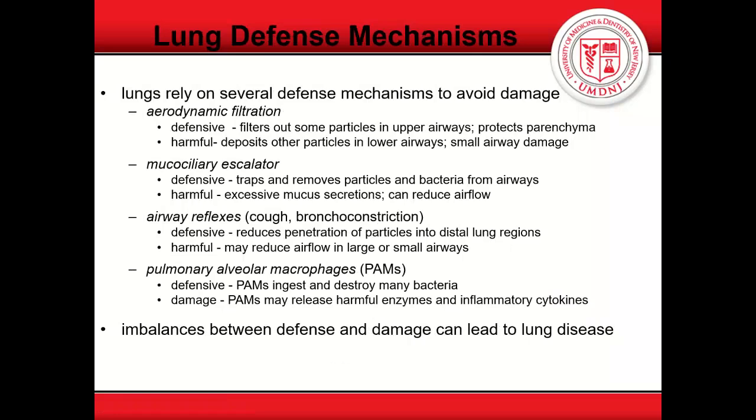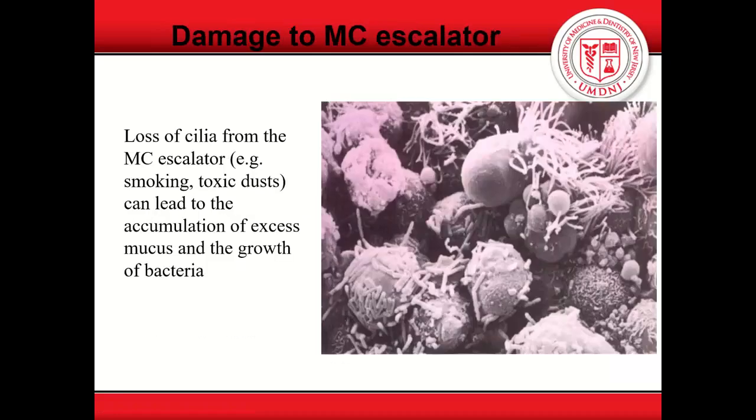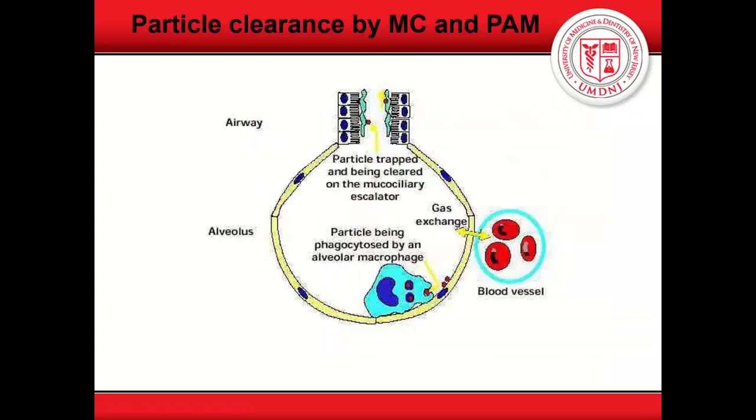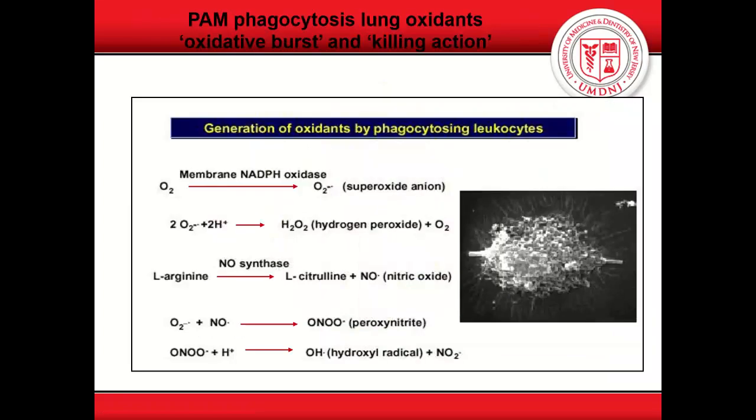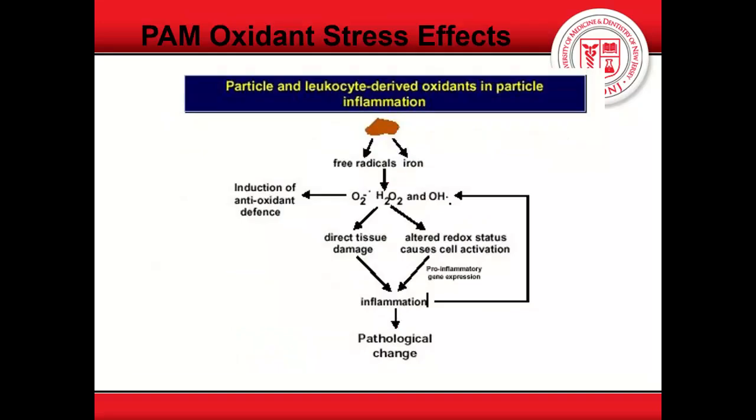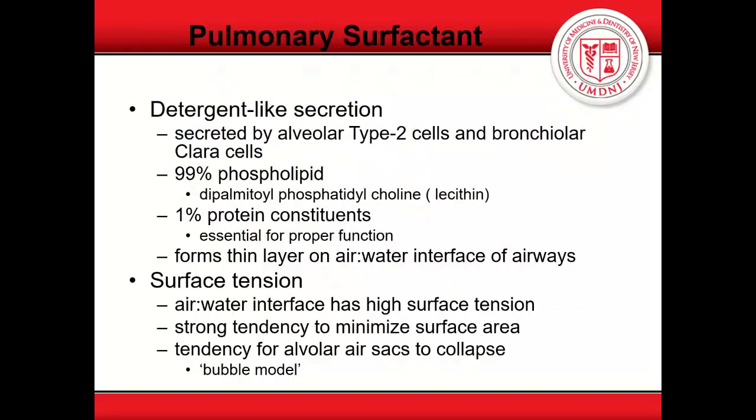Know the lung defense mechanisms, and this is just an example of damage to the mucociliary escalator, and how the macrophages resident in the lung could result in an oxidative burst, which is a defense mechanism, but again could lead to pathological changes if there's an imbalance that would result in eventual inflammation and pathological change.